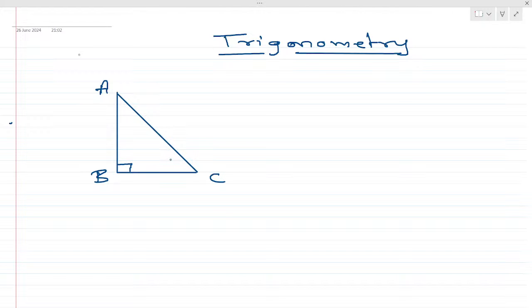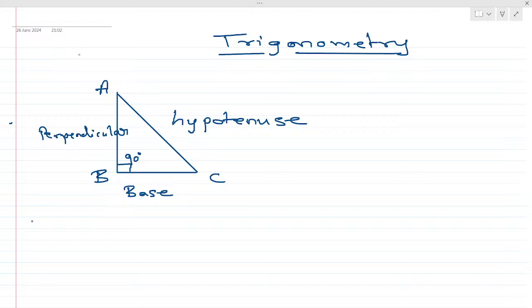The side which is opposite to 90 degrees, we call that side the hypotenuse. The side which is lying on the base is called the base, and AB is the perpendicular.